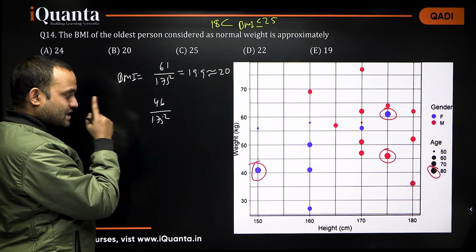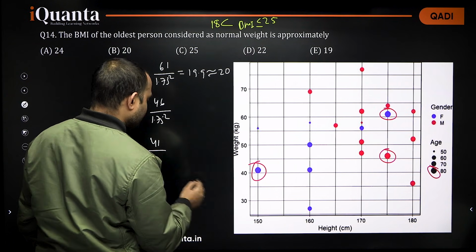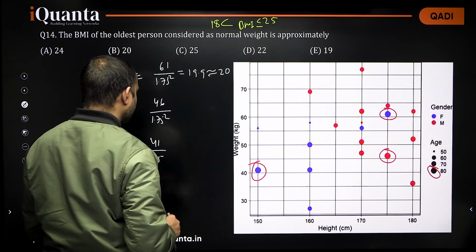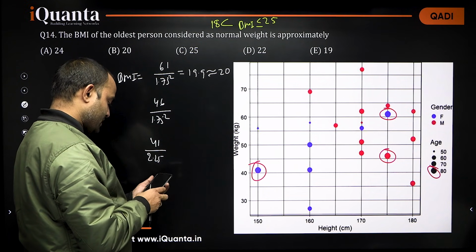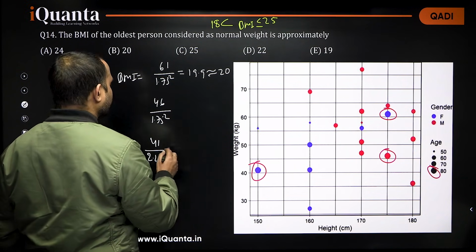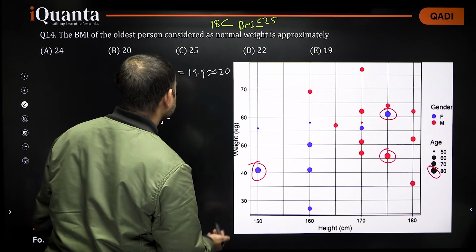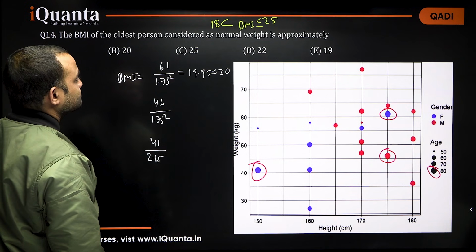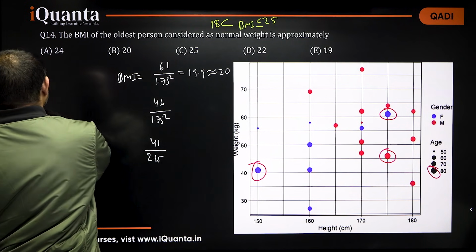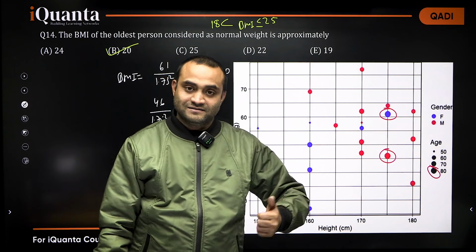And in this case as well, 41 divided by 2.25 is equal to 18 point something, right? But it says the BMI of the oldest person considered. So our answer is option B, which is 20.